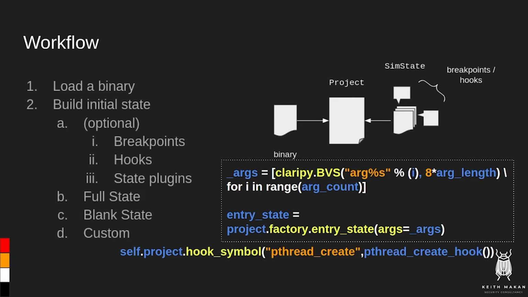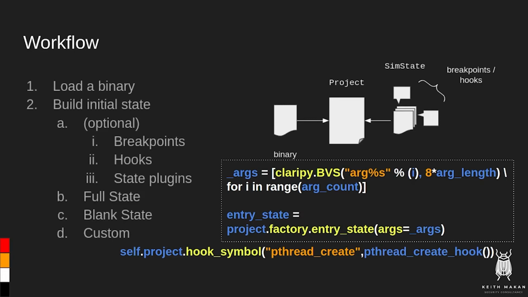The second thing is, once you have your binary loaded, you want to build an initial state. As you can see here, for your initial state, you just go project.factory, give me an entry state. You can ask for a full state where everything is symbolized, a blank state where basically nothing is, and a custom state, which is whatever you want to symbolize.